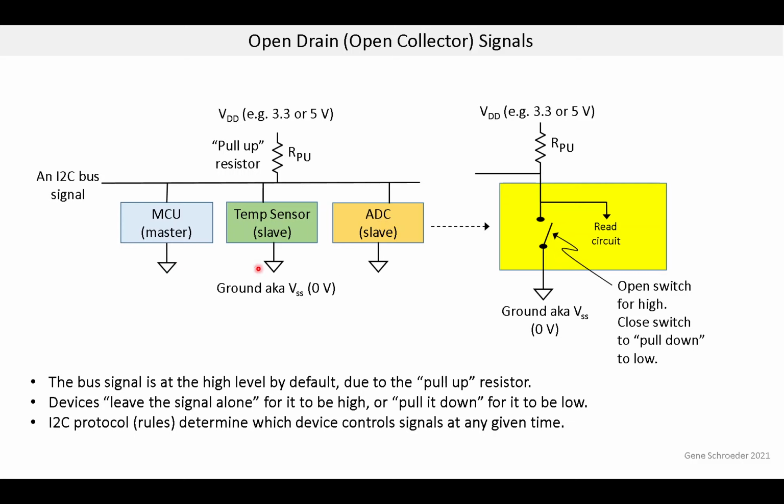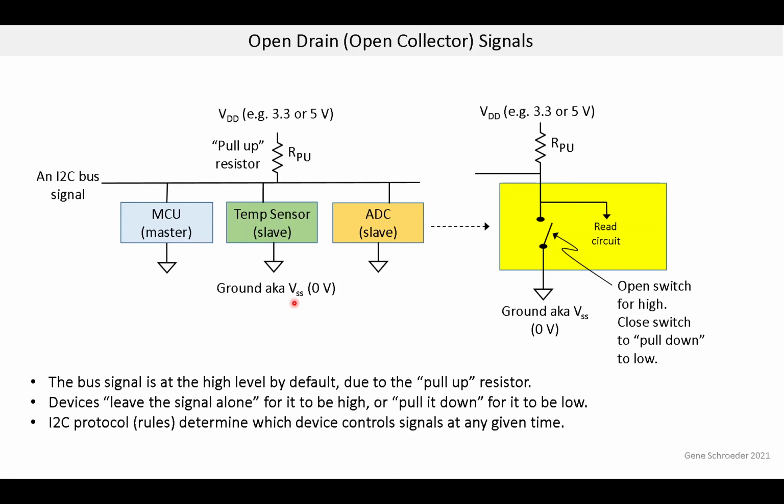And I show that each device is connected to ground, which is 0 volts. Often ground connections are not shown on schematics and are just assumed, but on this first slide I include it. And as seen here, ground is sometimes called VSS, where S means source, or VEE, where E means emitter.